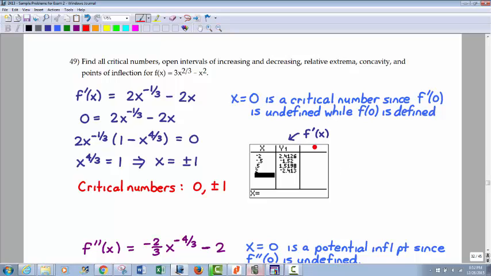Anyway, I factored this out, and then I figured out by simple addition that this had to be x to the 4/3, because negative 1/3 plus what number had to equal that 1 for the exponent. And you can see if you multiply x to the negative 1/3 times x to the 4/3 and add those exponents together, you will get x to the first.